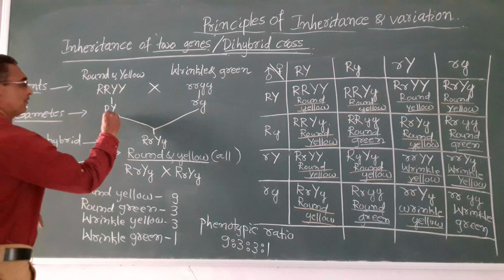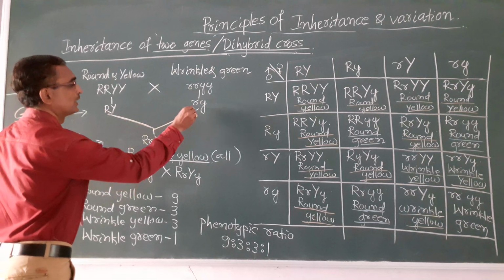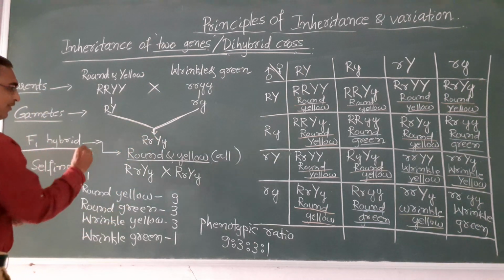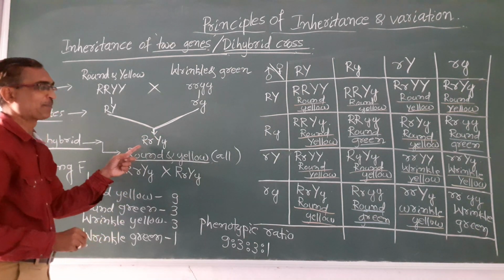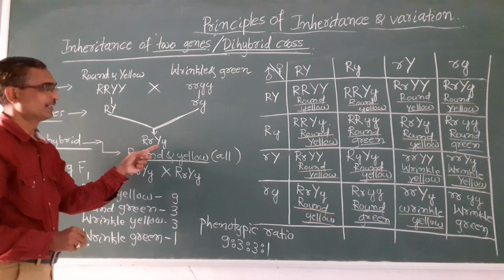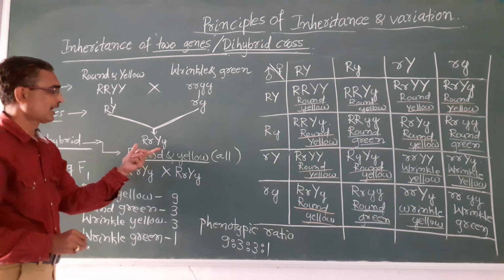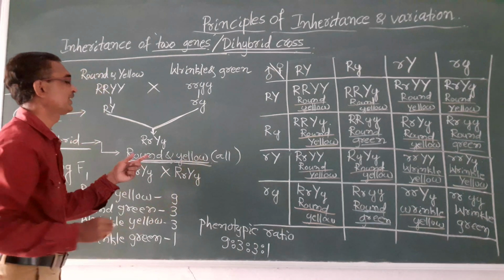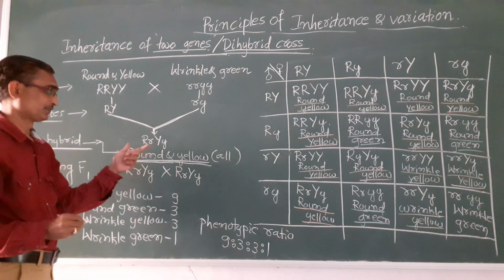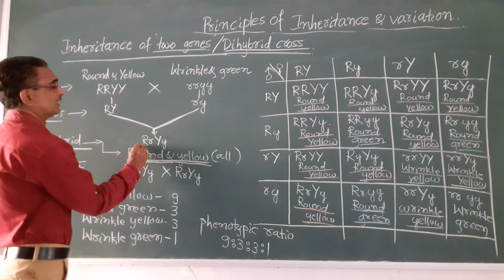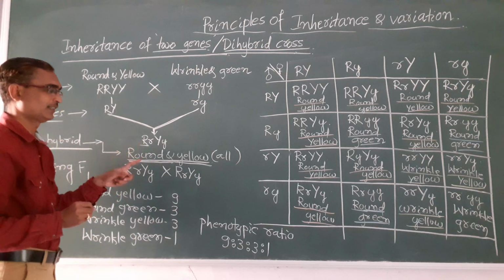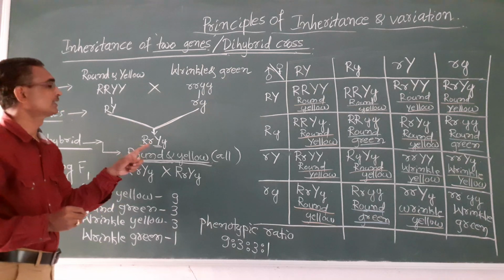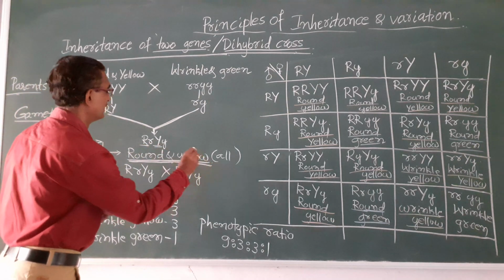When these gametes fuse together, they form the F1 hybrid, that is capital R, small r, and capital Y, small y. And here all the plants were round-shaped and yellow-colored, because capital R is dominant, and that is why it is round-shaped. Capital Y is dominant, and that is why it is yellow-colored.